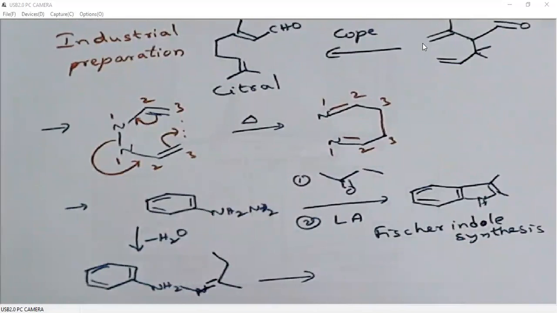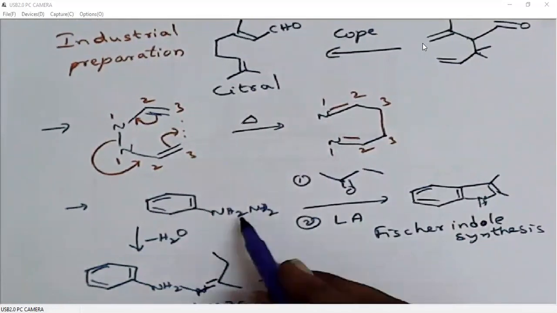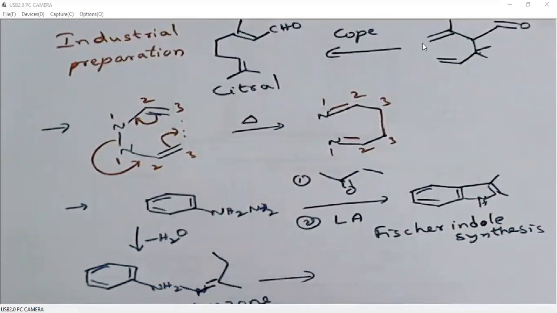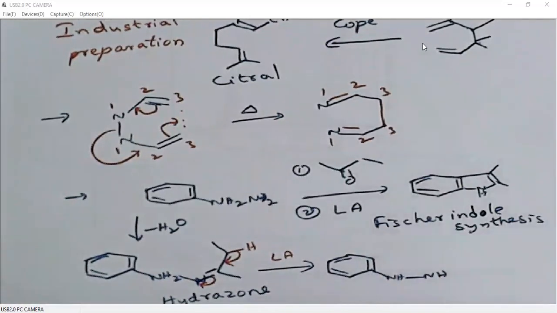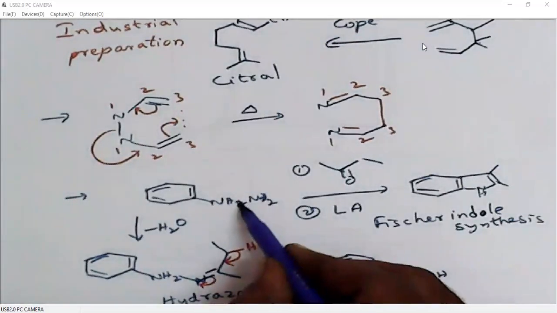So this is phenyl hydrazone. Now under acidic conditions, it undergoes rearrangement. So instead of imine, it again generates an enamine, NH. I'm sorry, this should be NH.